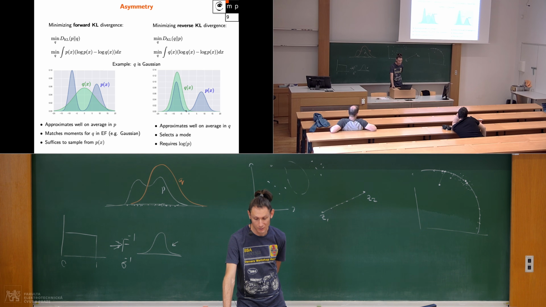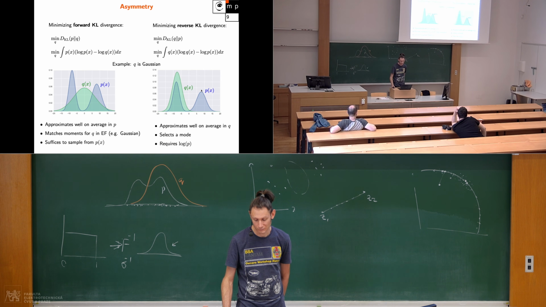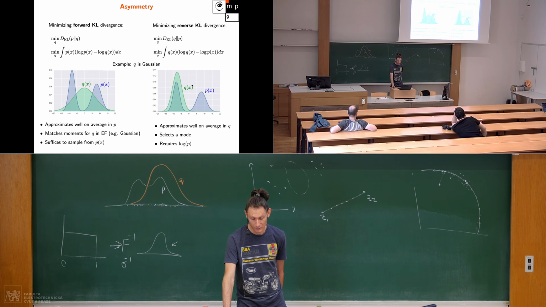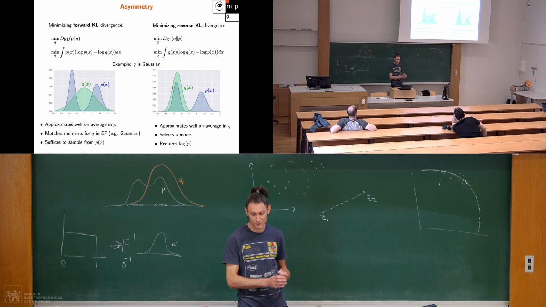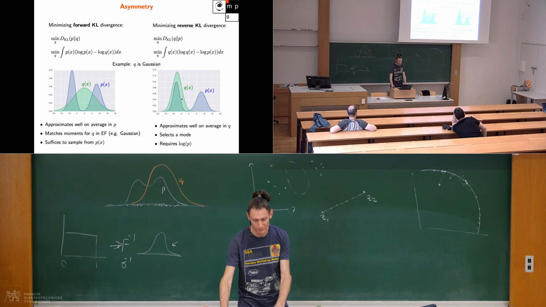Here on average over Q things are fine, and here the mass of Q is 0, and actually we don't care about missing this part of the target distribution. Here it cannot match this mode because it's constrained to integrate to 1, so it must have higher density around this mode.